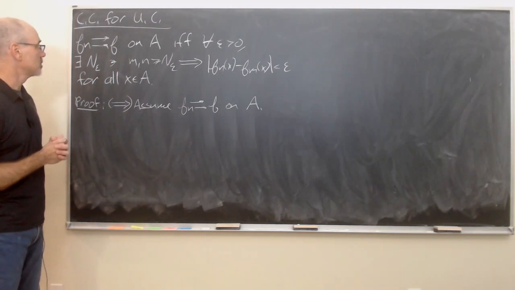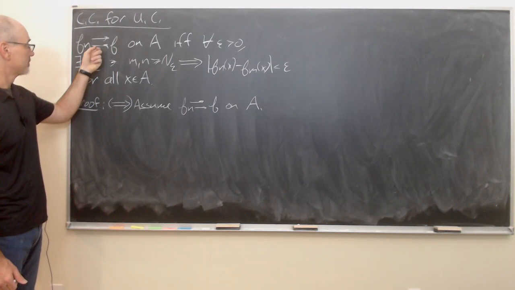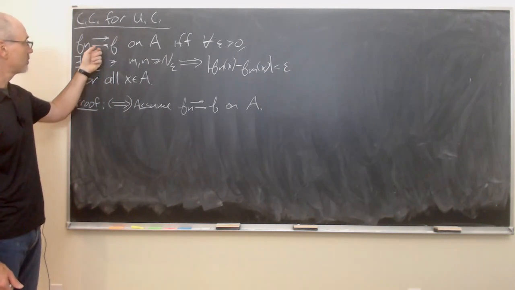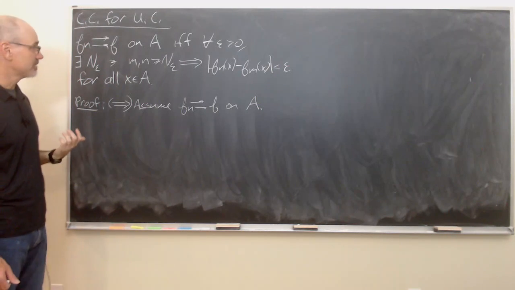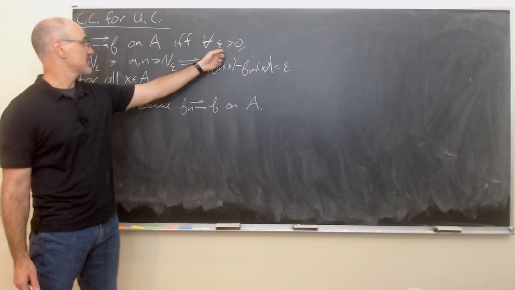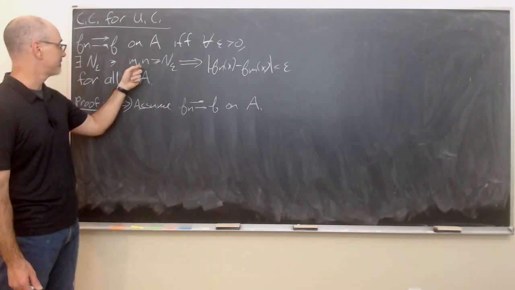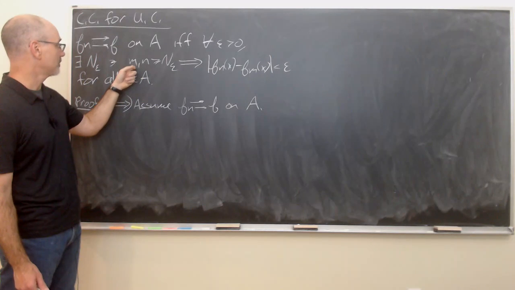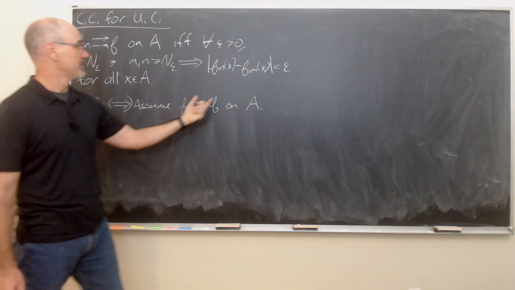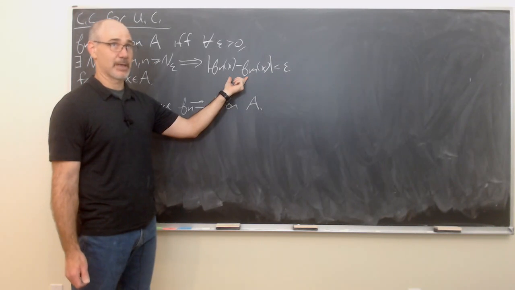So in the case of uniform convergence of sequences, we say that a function sequence f_n converges uniformly to f on A if and only if, so this has to go both directions, for every epsilon bigger than 0, there's some capital N, so that if we go out far enough in the function sequence with m and n, the difference between f_n and f_m is smaller than epsilon.